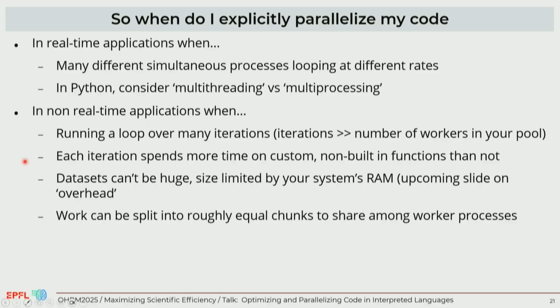Again, another point is that each of those loops should probably be decently complicated, a bunch of commands that you've written that aren't built-in commands. The reason why that's good to think about is because for these built-in functions, there might be implicit parallelism happening anyway, even if you don't parallelize your code.